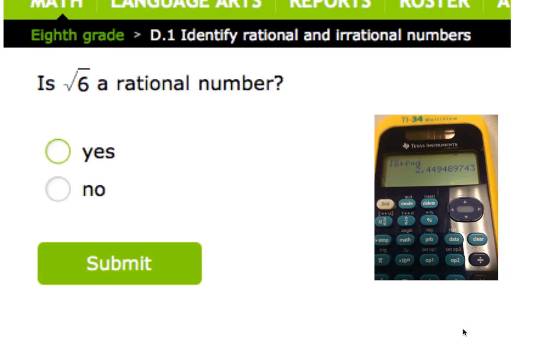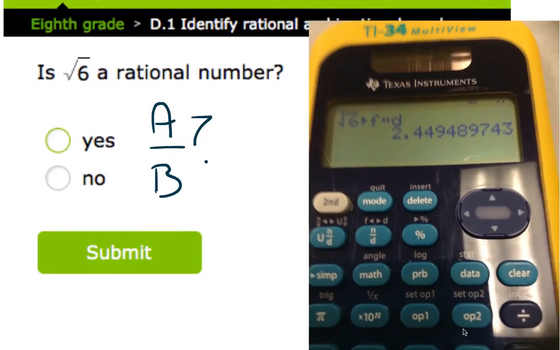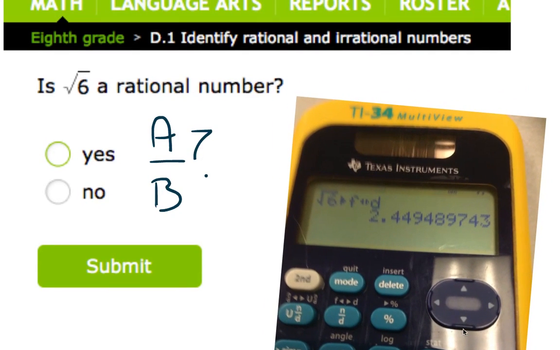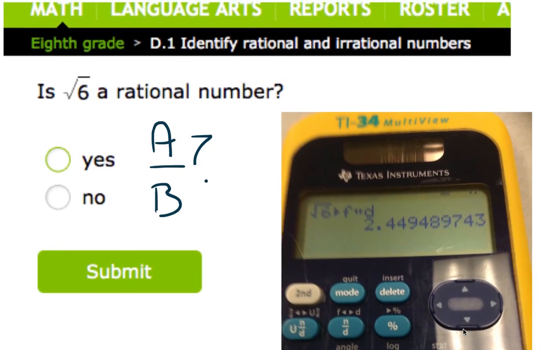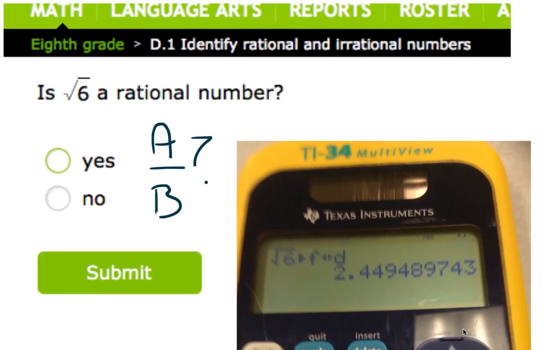Okay, how about the square root of 6? The square root of 6, if we change it to a decimal, does not convert to a decimal that repeats or terminates.